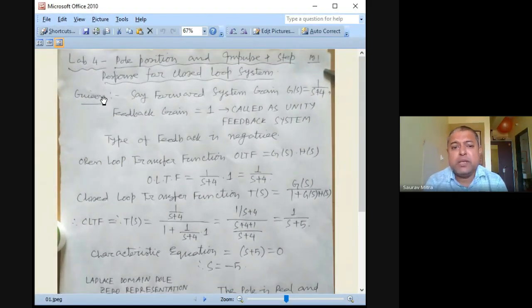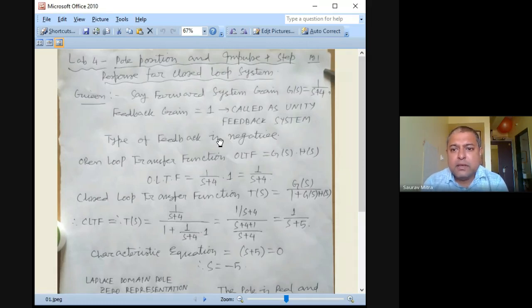First, what are we finding actually? First we are finding the transfer function. So let us start from what is given. Given will be G(s) and H(s). Those who are writing, you can write down. Say the forward system gain G(s) is 1 by s plus 4. Can anybody confirm that my note is visible to you?